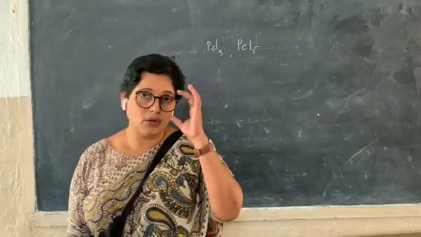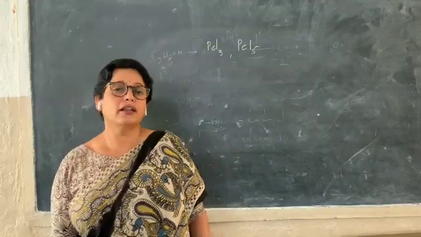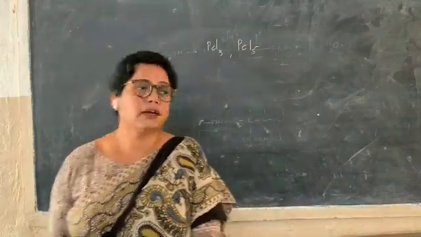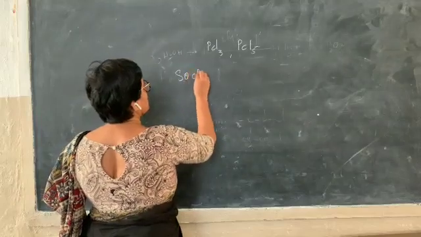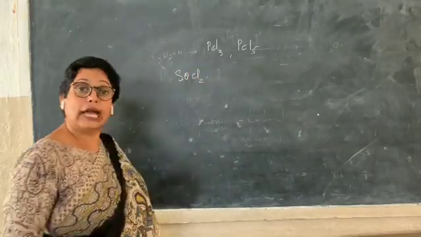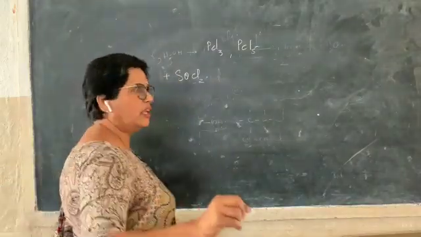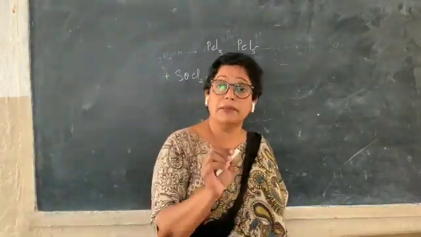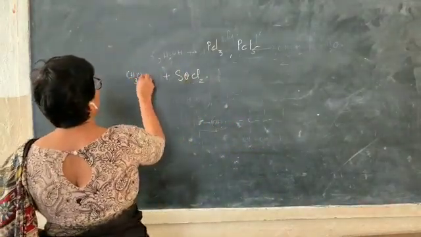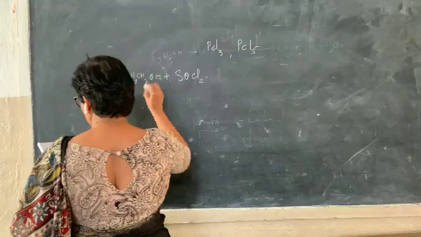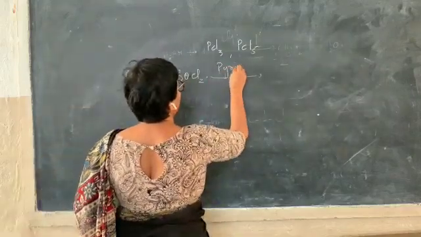The last method to prepare haloalkanes from alcohol is using thionyl chloride. Thionyl chloride means SOCl2. So you see, the same alcohol we are using, that is primary alcohol, ethanol, CH3CH2OH, is treated with thionyl chloride in presence of pyridine.